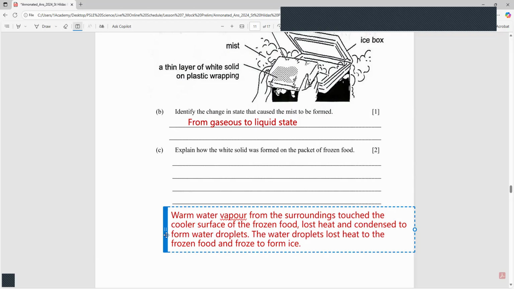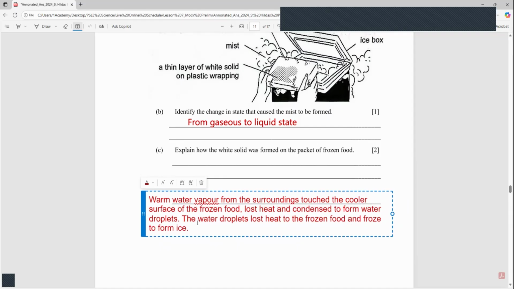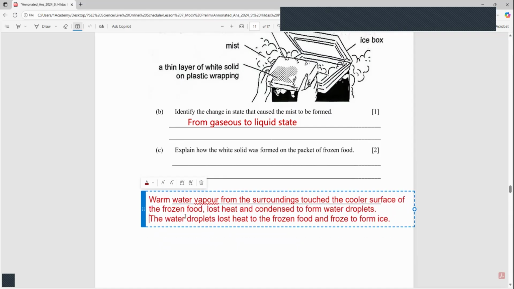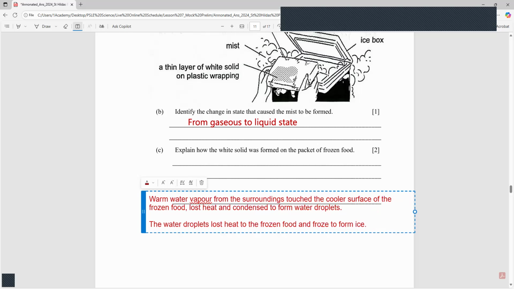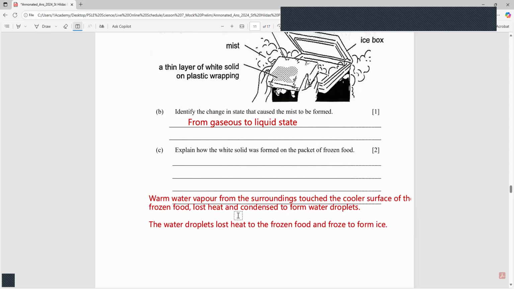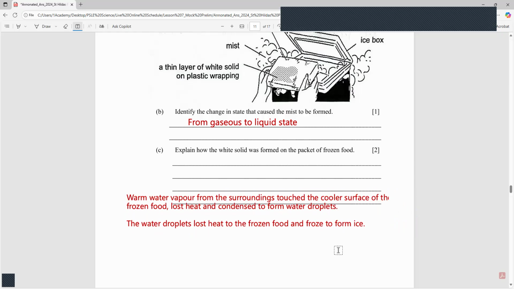So this is how we write it: warmer water vapor from the surrounding touches the cooler surface of the frozen food, loses heat and condenses to form water droplets. Then the second step, the water droplets lose heat to the frozen food to form ice. Two steps, I write here.